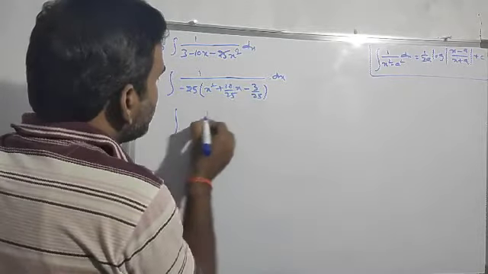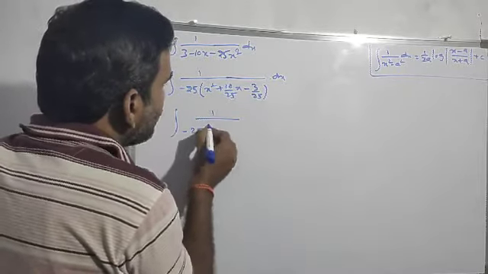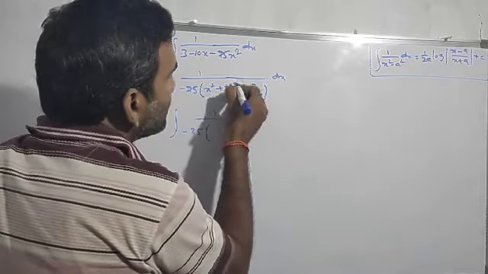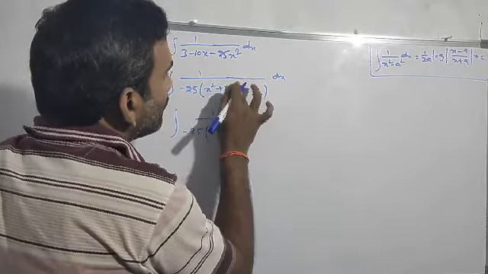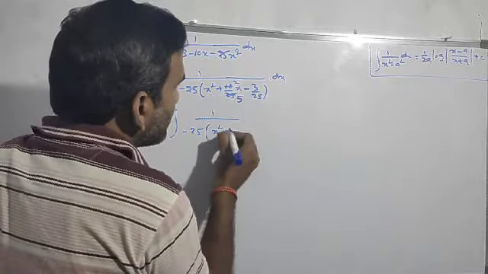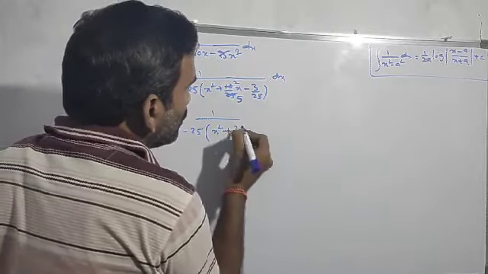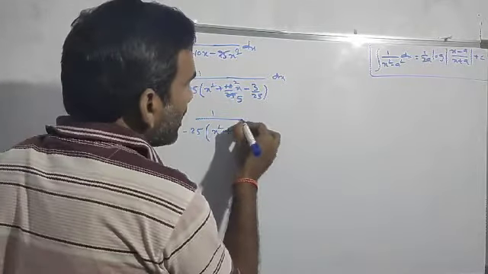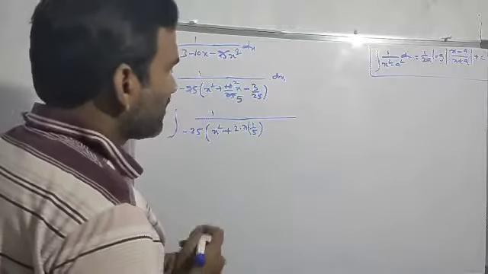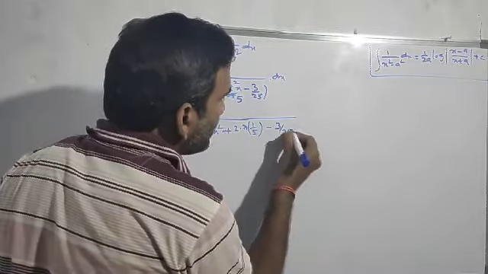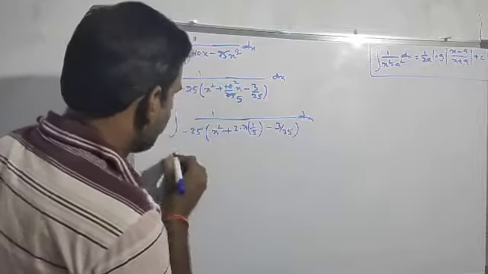So integration of 1 by minus 25 times x square plus 2 into x into 1 by 5, I am modifying it like this: 2x by 5, minus 3 by 25 into dx.